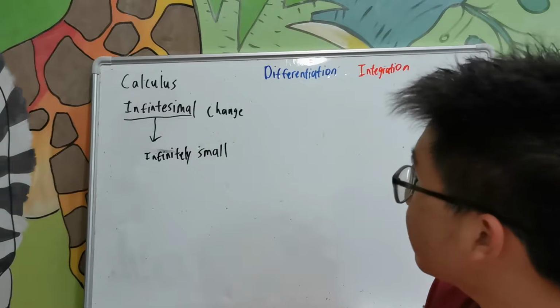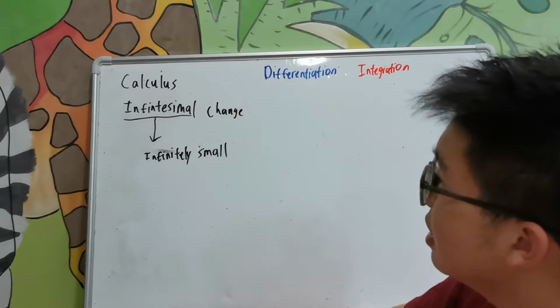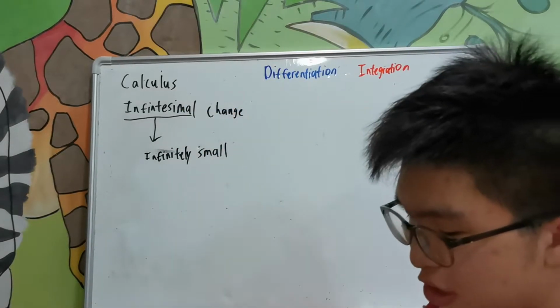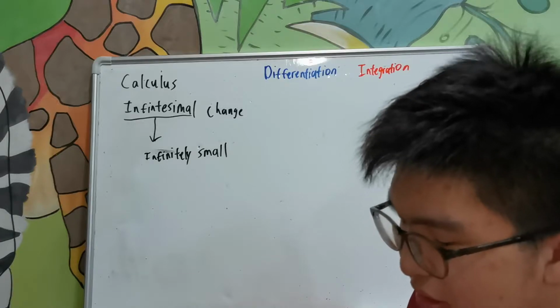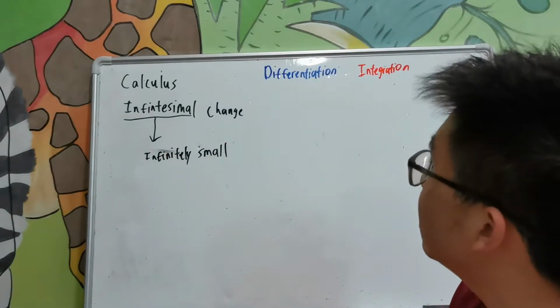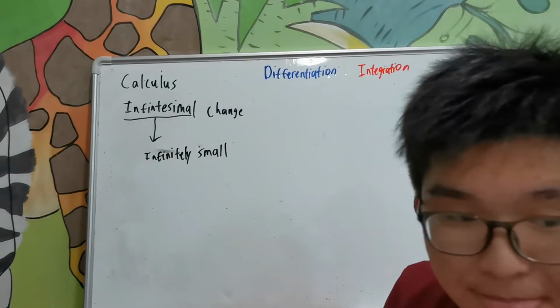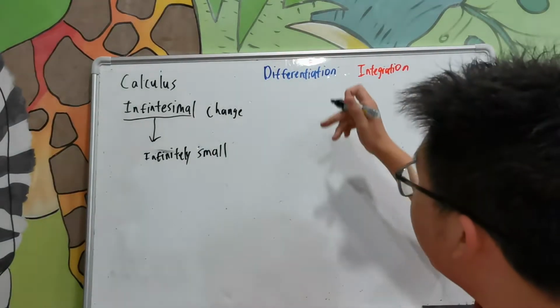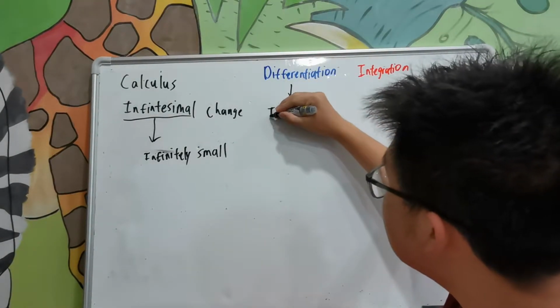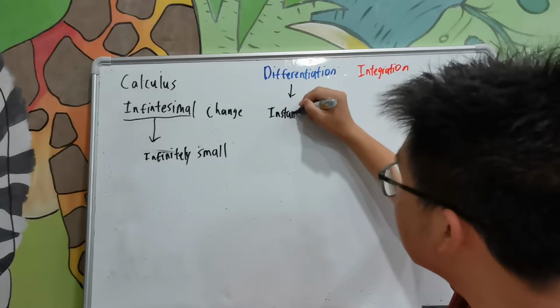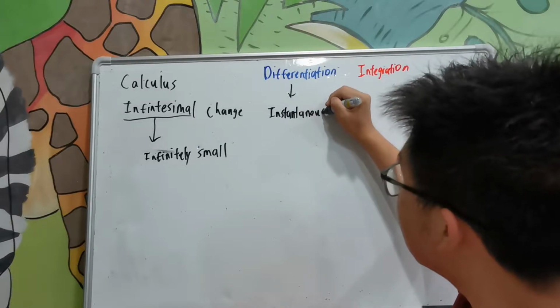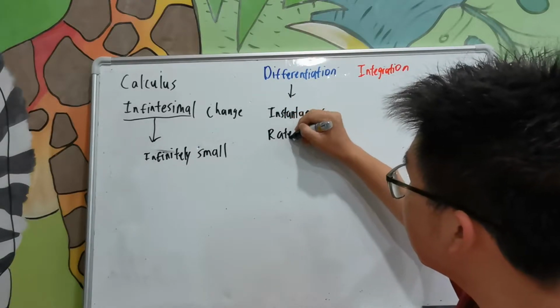So alright. Both of these are under calculus, and they both deal with infinitesimal change. However, what the difference between the infinitesimal change is, differentiation deals with instantaneous rate of change.